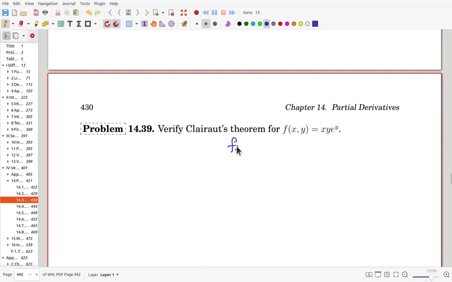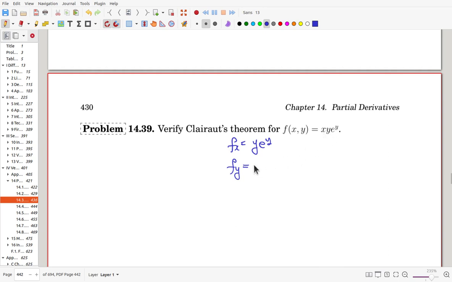Now f sub x, the x derivative, okay, here. Now for this one, y e to the y. How about f sub y? That is, now x is constant and we have two appearances of y, so we have to use the product rule.